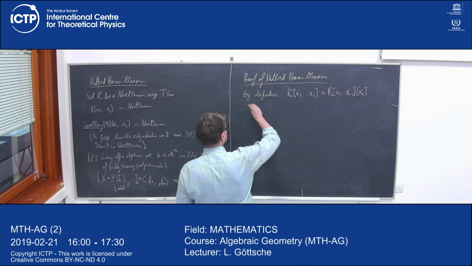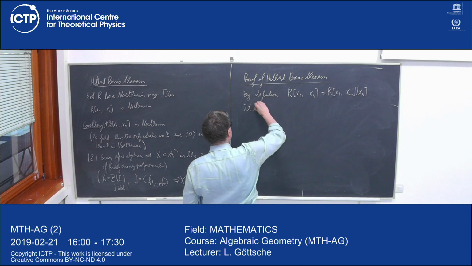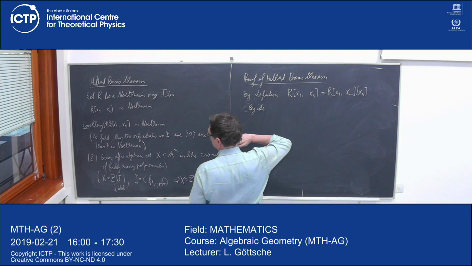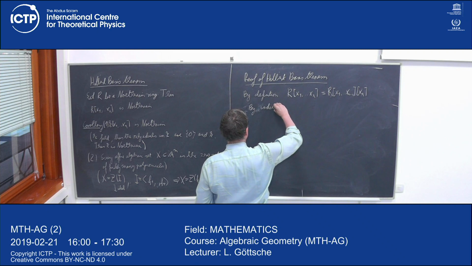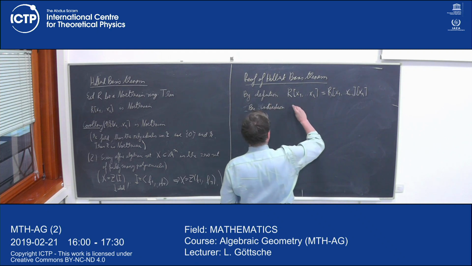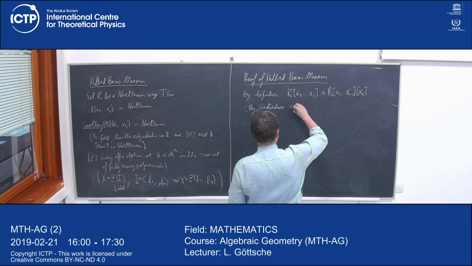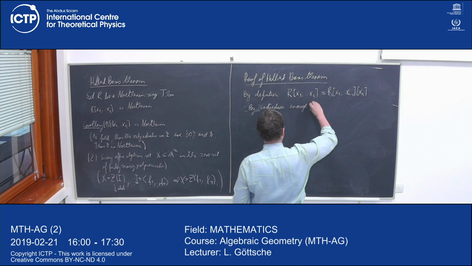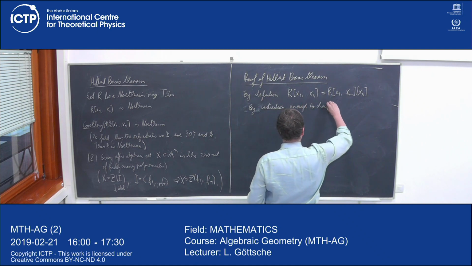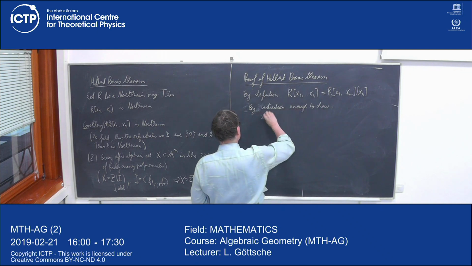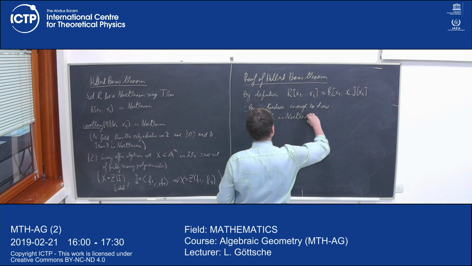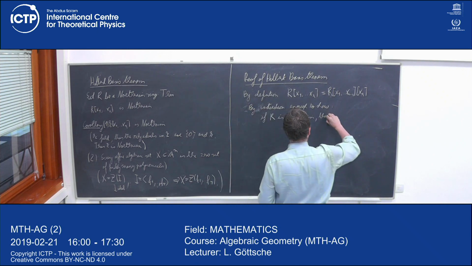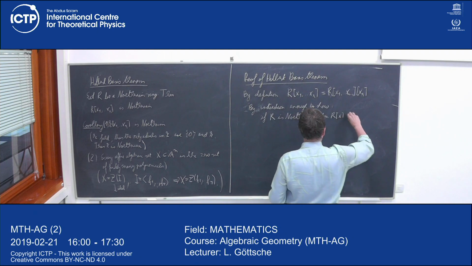So what I mean is, by induction it's enough to show: if R is Noetherian, then R[x] is Noetherian.